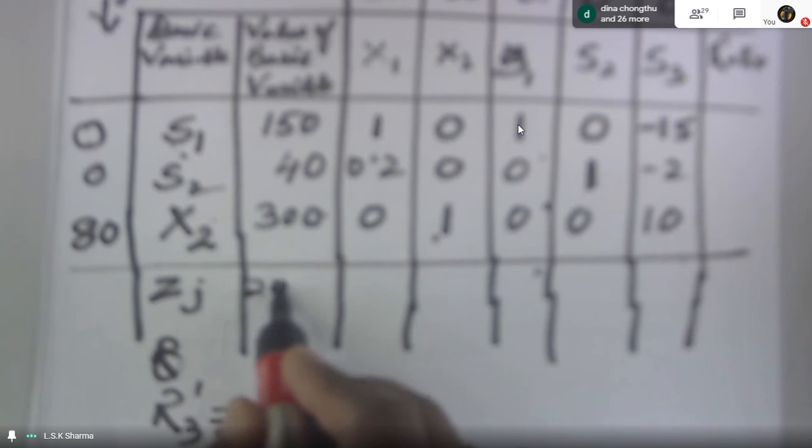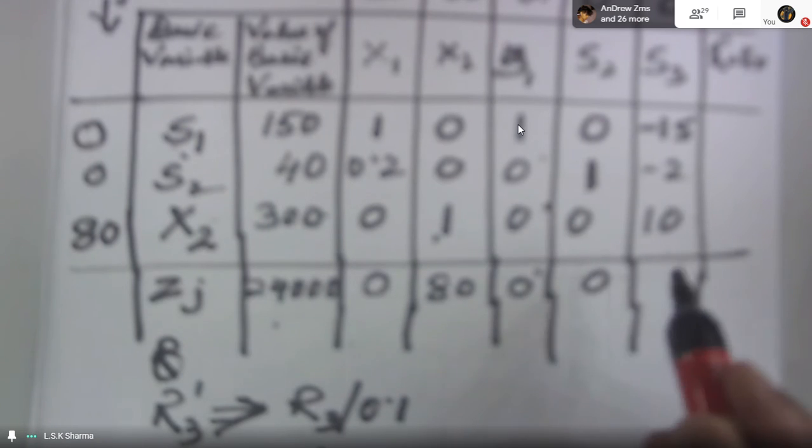So 80 into 30 is how much? 24,000. 0 into 1, 0 into this 0, and this is also 0, and 80, and 0 and 0 again, and here also 0, and here minus 15 into 0 is 0, minus 2 into 0 is 0, 80 into 10 is 800.